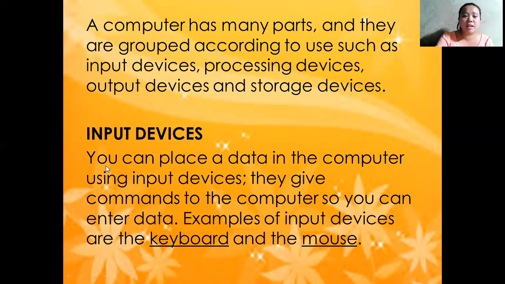Input devices are what you use to place data in the computer. We are going to use the keyboard and the mouse. So the examples of input devices are the keyboard and the mouse. But we are going to focus first on our keyboard.